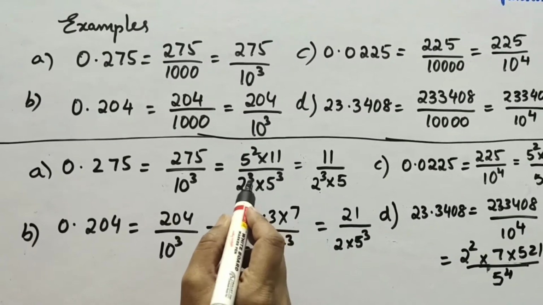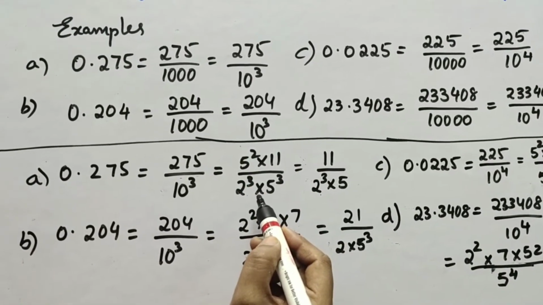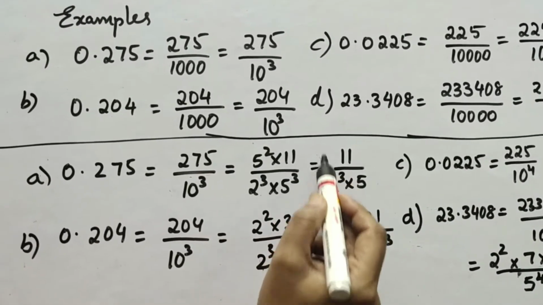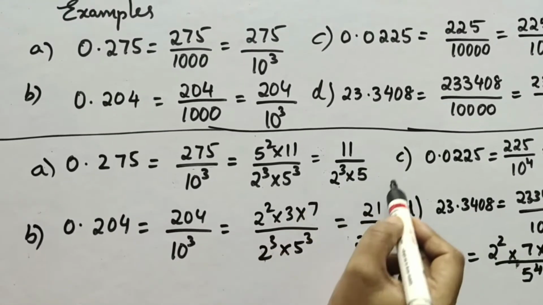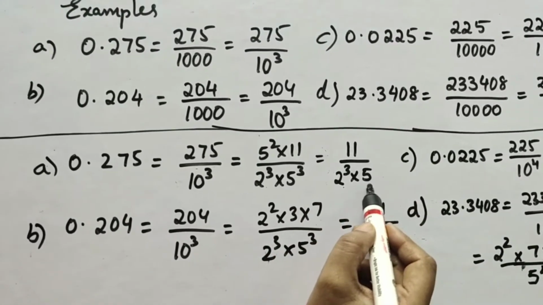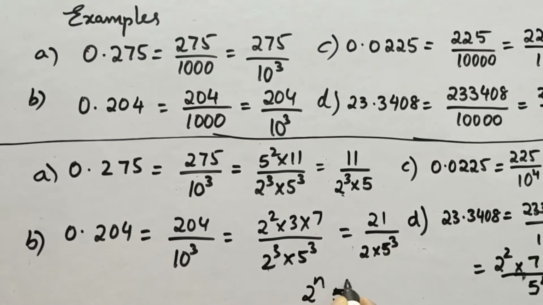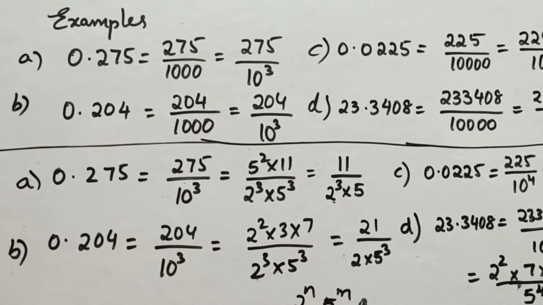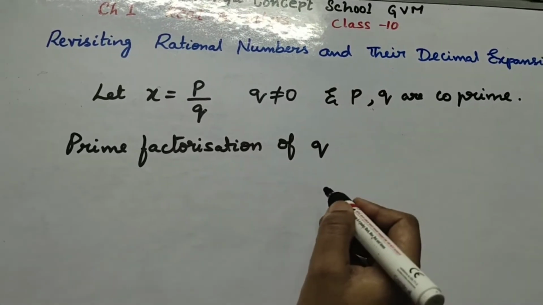So cancelling out the common factors between the numerator and denominator, we find that the real number is a rational number of the form p by q. This is the rational number of the form p by q, where the prime factorization of q is in the form of 2 to the power of n and 5 to the power of m form, where n and m are non-negative integers.